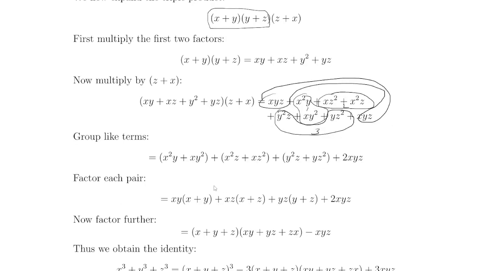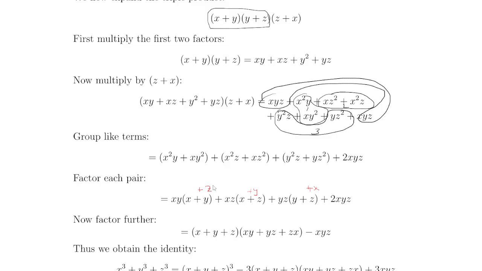And now what we can do is factor the greatest common factor from each of these terms. So x squared y, xy squared, you have xy, then you have xz, yz, etc. And then we're going to factor this further by factoring out x plus y plus z. The trick here is adding a z, a y, and an x. Because think about it, what's missing? You have xy, you're missing z. You have xz, you're missing y. You have yz, you're missing x.